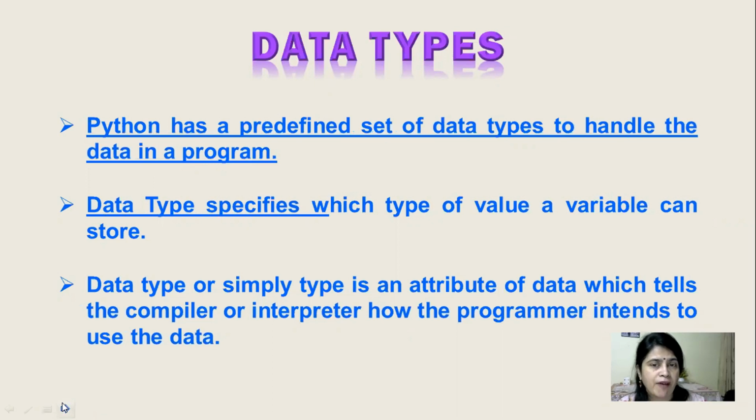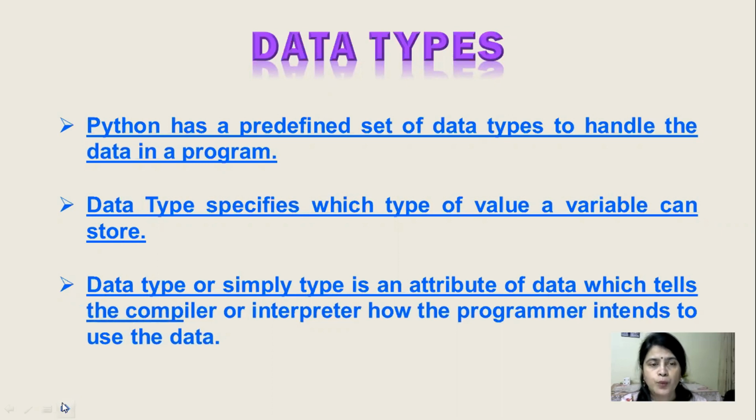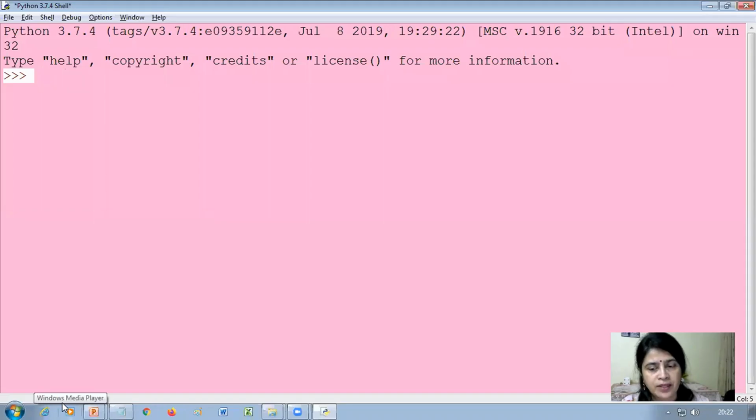A data type specifies which type of value a variable can store. Data type, or simply type, is an attribute of data which tells the compiler or interpreter how the programmer intends to use the data. Now, what do we mean by that? Let us see with an example in the Python shell.